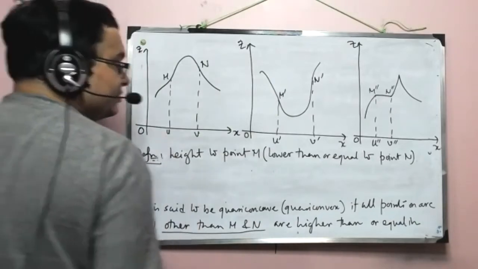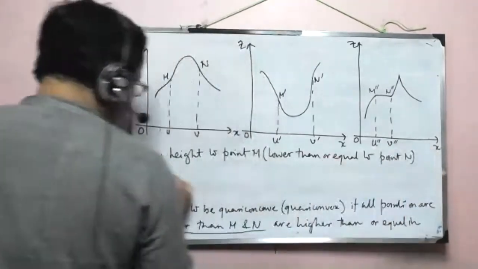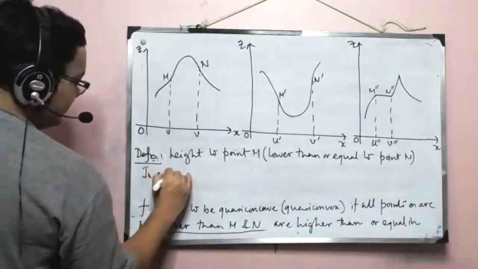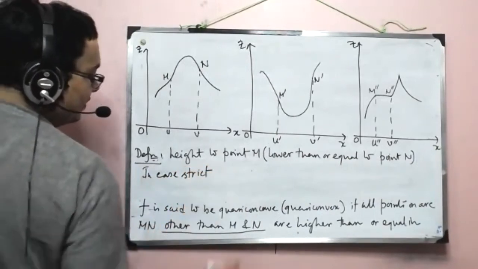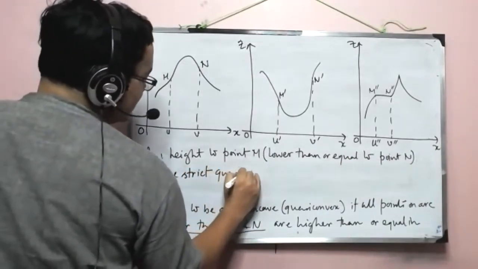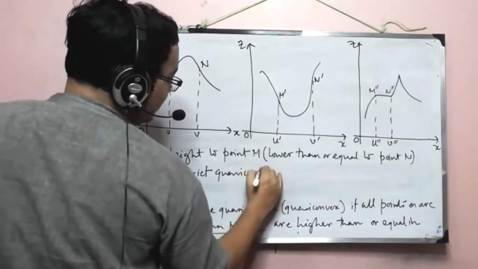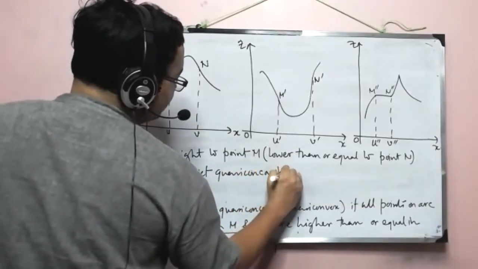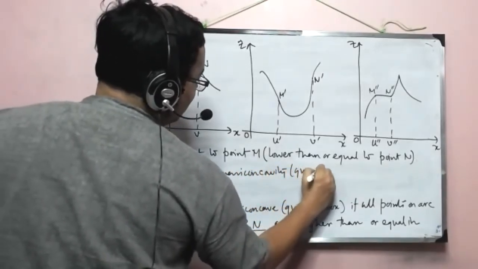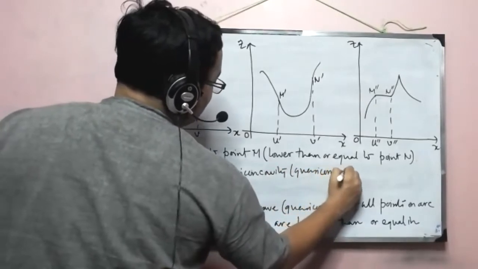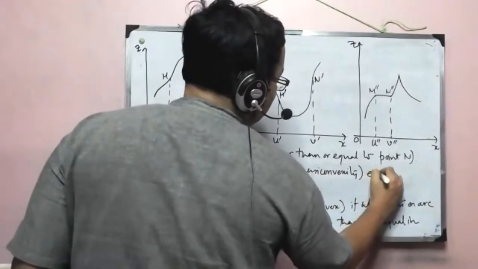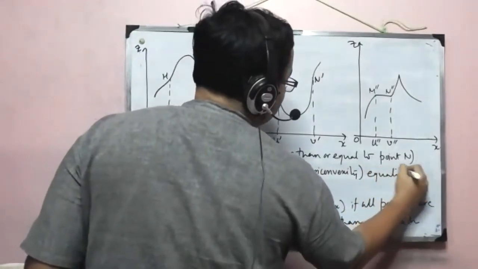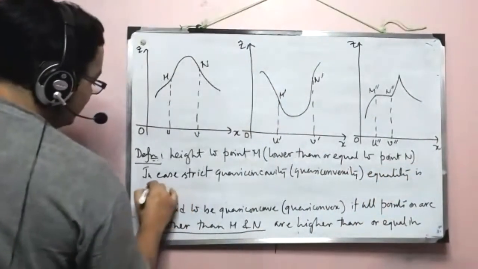So in case of strict quasi-concavity, or in bracket quasi-convexity, equality is ruled out.